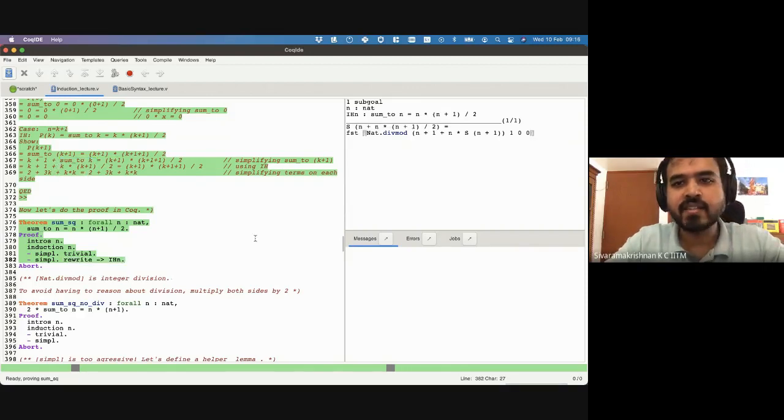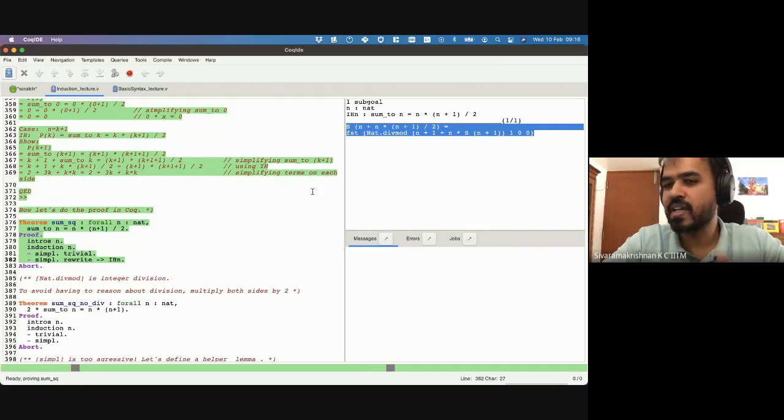You can rewrite it, but reasoning about this is going to become a little bit tricky. So it is always useful to avoid reasoning about integer division in Coq because of all of the things. You really have to show that you're going to get an even number, and that's why you don't end up with a fraction and so on.